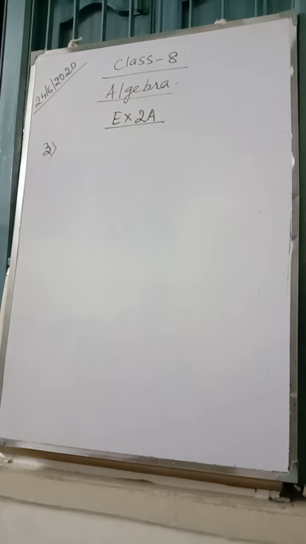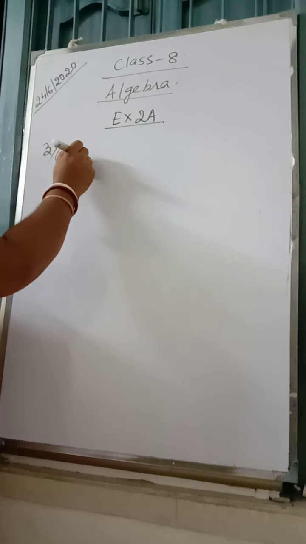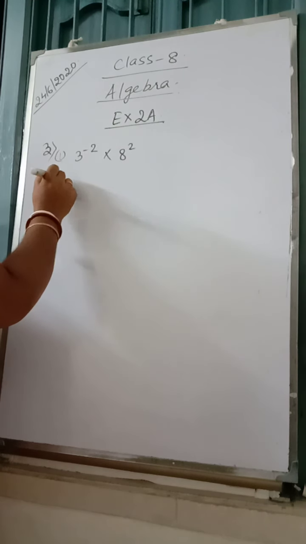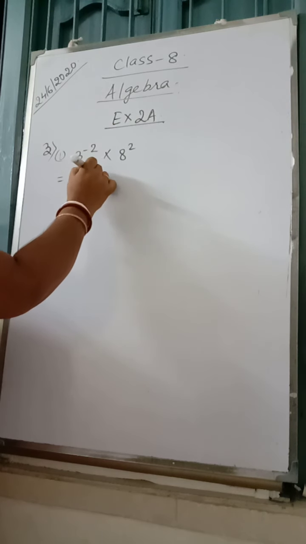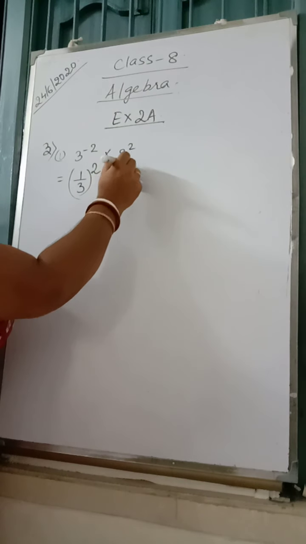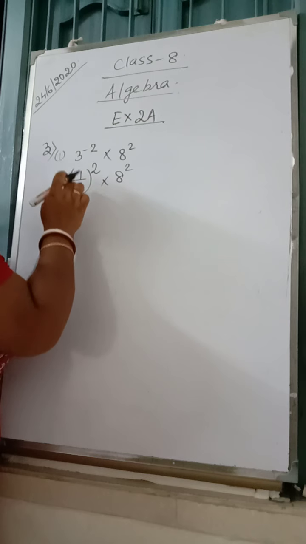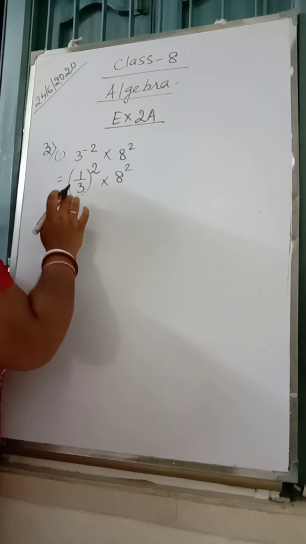Here it says evaluate 3 to the power minus 2 into 8 square. According to the rule I have told you, if the power is negative, we write the reciprocal of the base and the power turns into positive. Now I have written 3 as 1 by 3 and the power is turning into positive.